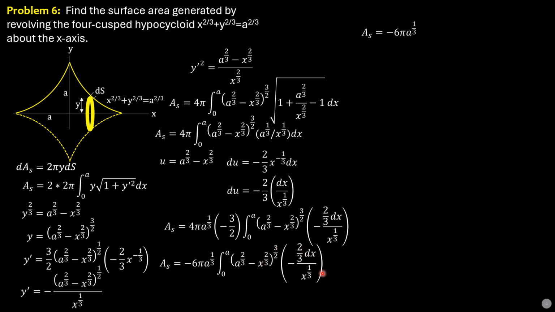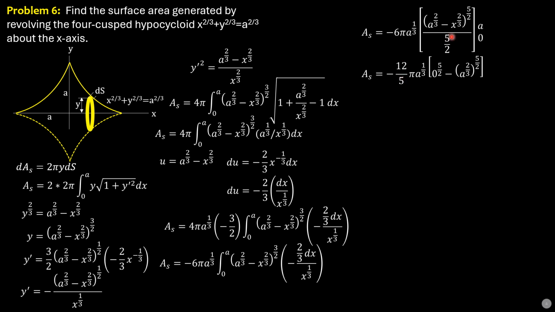So negative 6 pi a to the 1/3, quantity a to the 2/3 minus x to the 2/3 to the 5 halves over 5 halves from 0 to a. So when x is a, this is 0, but when x is 0, we have minus a to the 2/3 to the 5 halves.